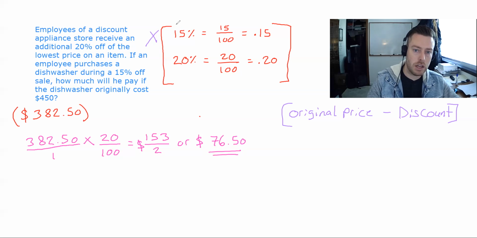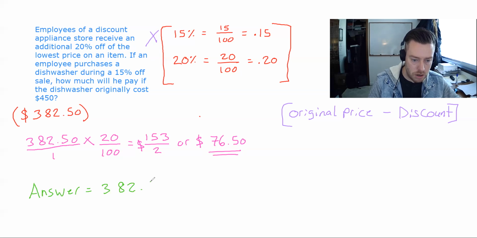So let's go and do that real quick. Let me do this in green. So our answer, this is our final answer, I promise, equals $382.50 minus 76.50, right?